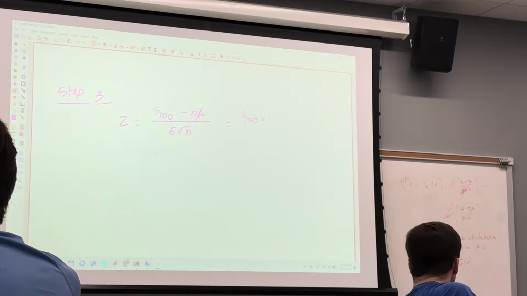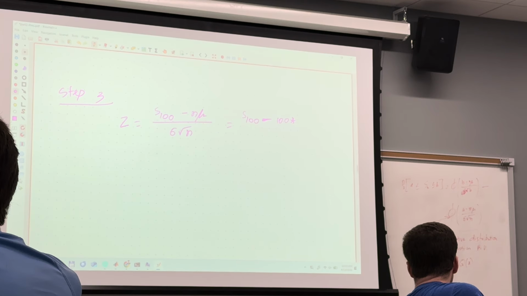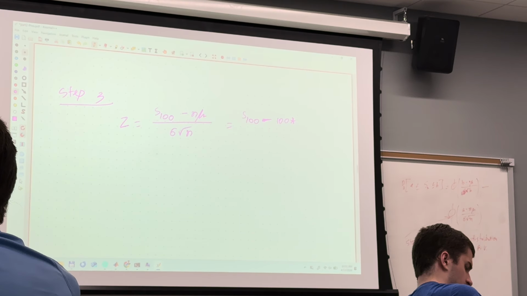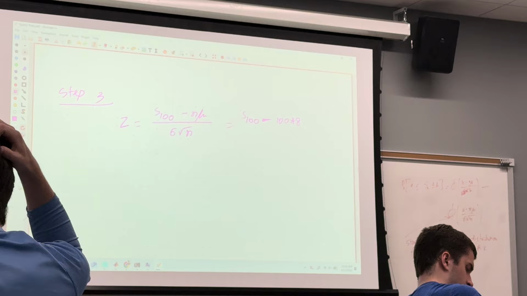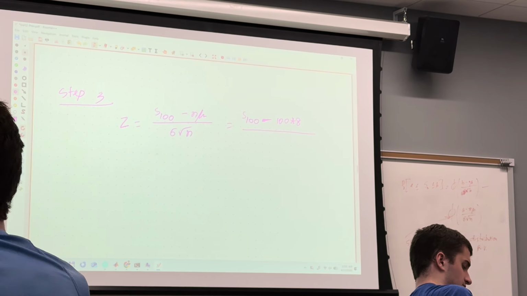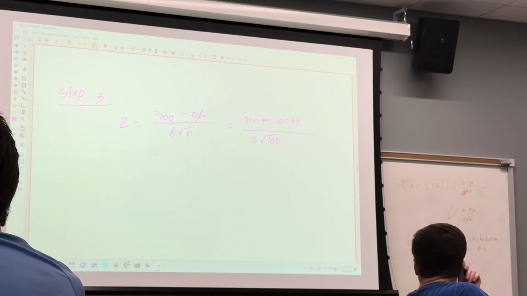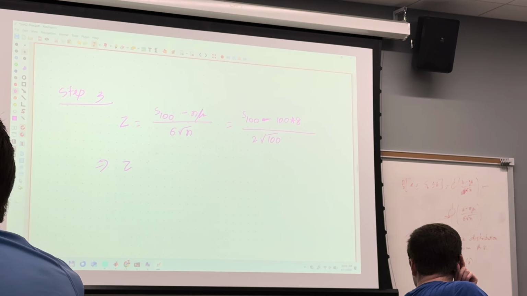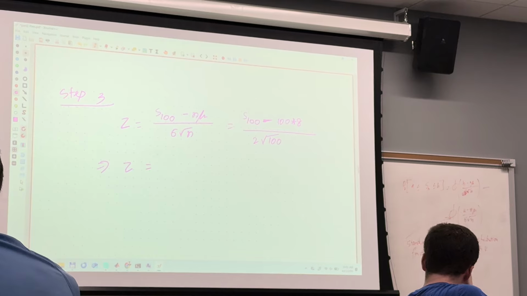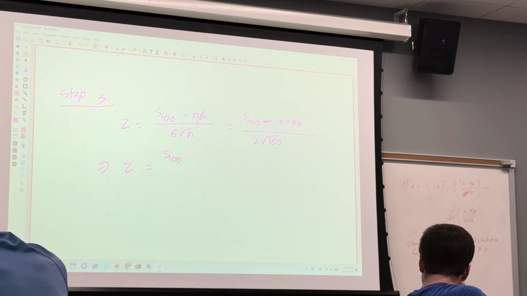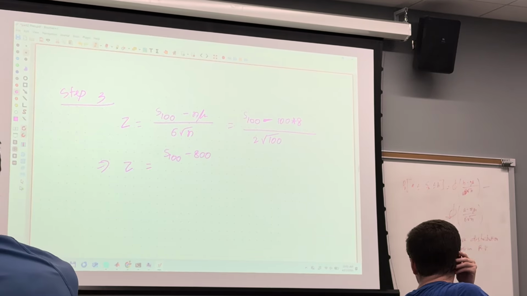But we know n is 100 times the mean of 8, over 2 square root of 100. So Z equals S100 minus 800 over 20.